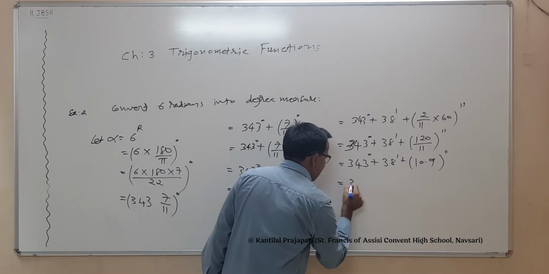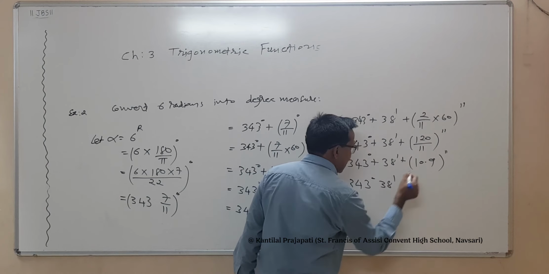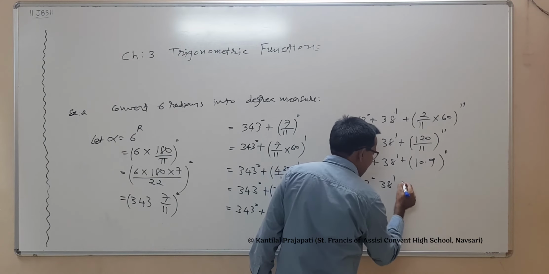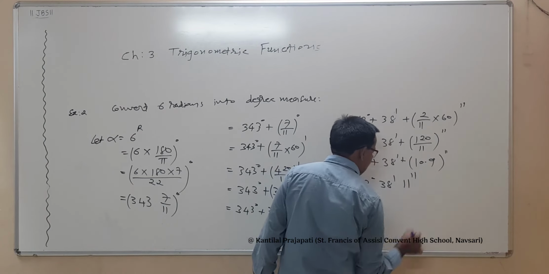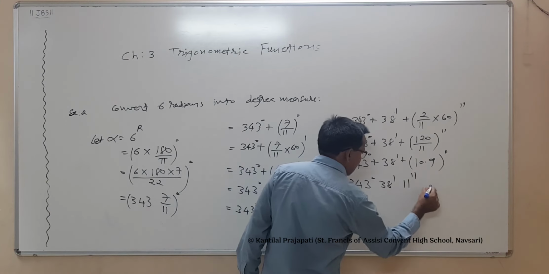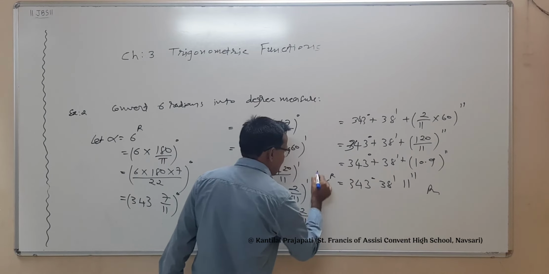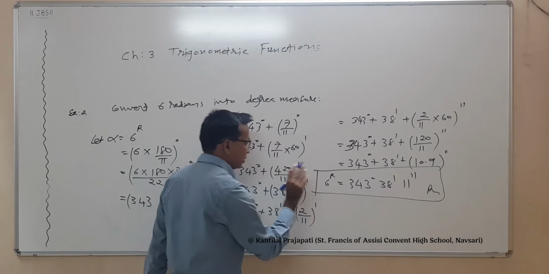Approximately we write 11 second. So this is the required measure: 6 radian is equal to 343 degree 38 minute 11 second. This is the final answer.